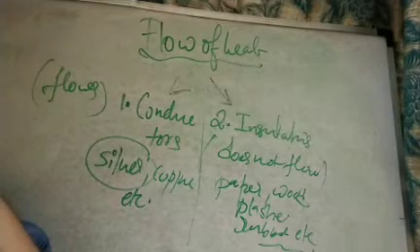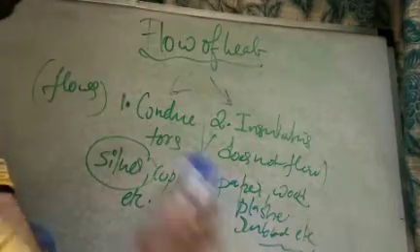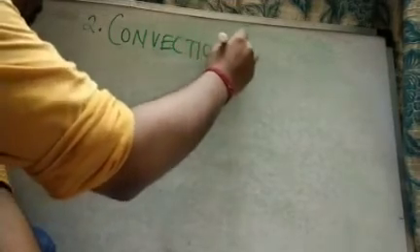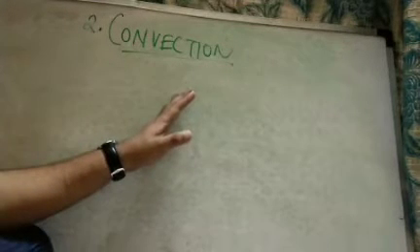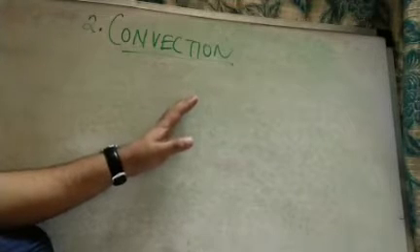Now, let us go to the second process of flow of heat, that is convection. Generally, heat flows through solid substances by the process of conduction.